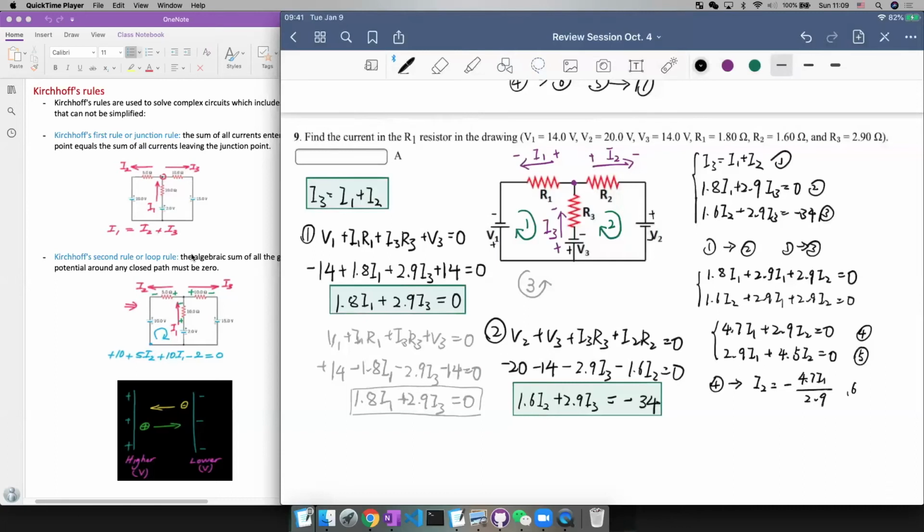It's 6, so we substitute 6 into 5. We have 2.9 I1 plus, minus.